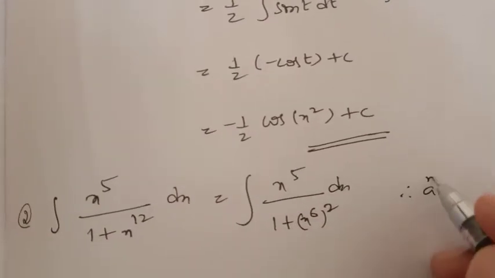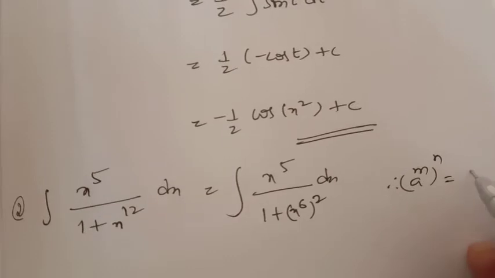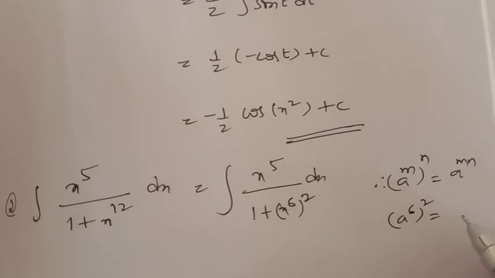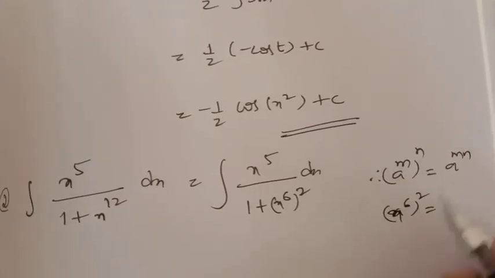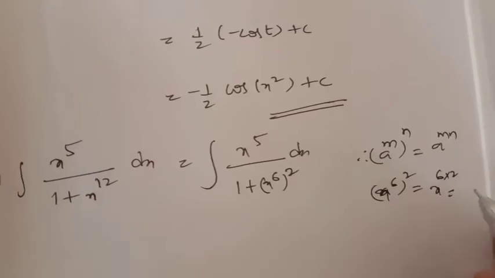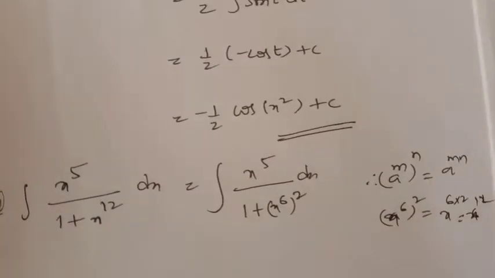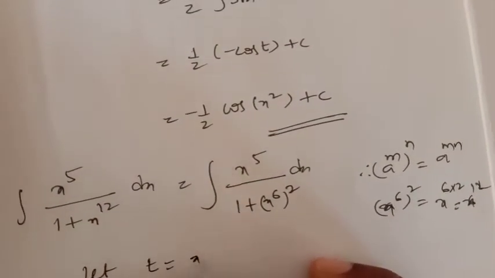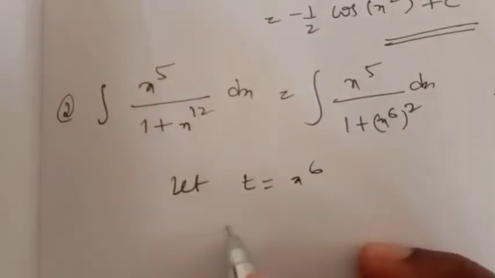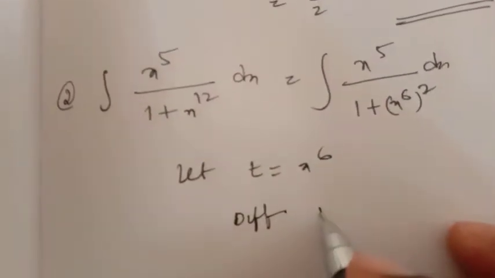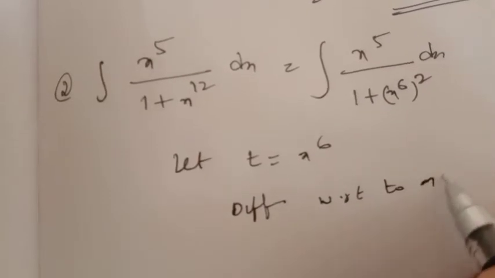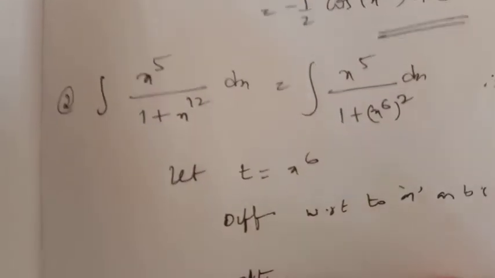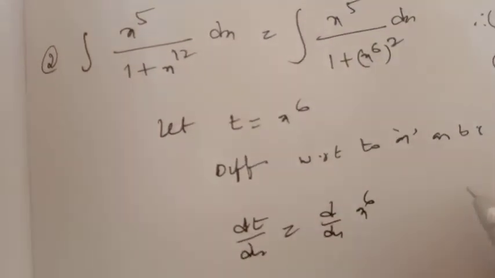Here we have the formula a to the power of m whole to the power of n equal to a to the power of mn, that is x to the power of 6 whole square equal to x to the power of 6 into 2, that is x to the power of 12. Let t equal to x to the power of 6, then differentiating with respect to the x on both sides, we have dt by dx equal to d by dx of x to the power of 6.